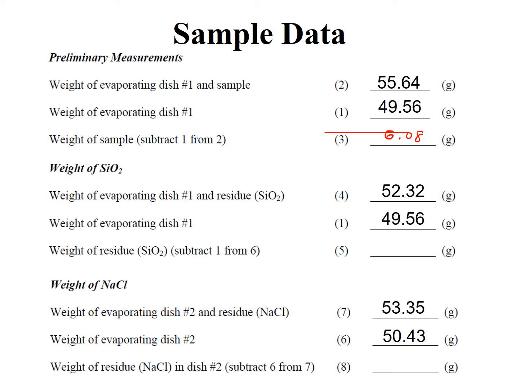So this is equal to 2.76. And then 53.35 minus 50.43. So this is equal to 2.92. So it's your responsibility to provide the blank data, and usually it's just mathematical operations of the data that was already provided to you.